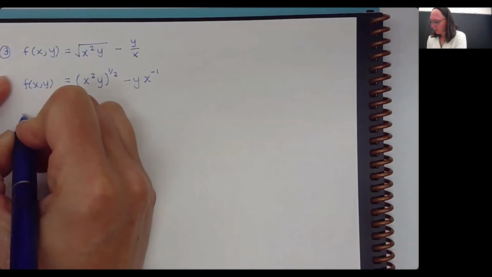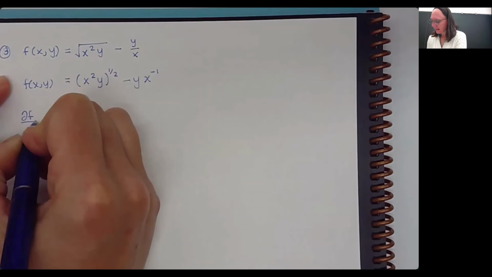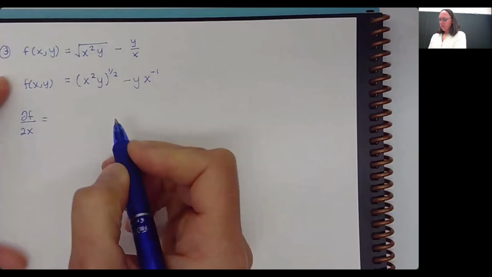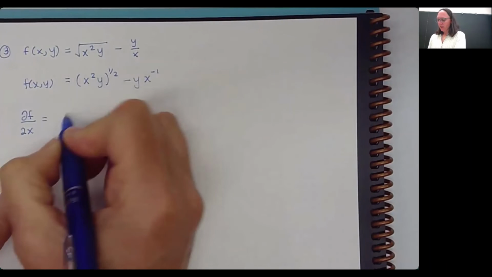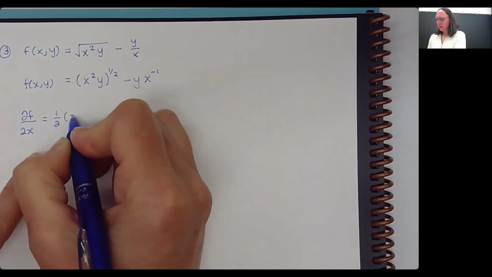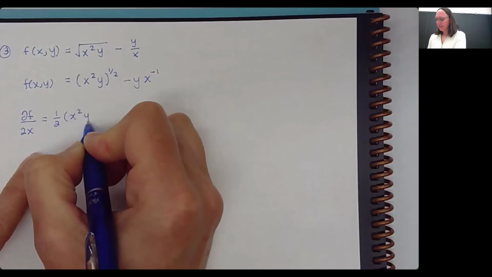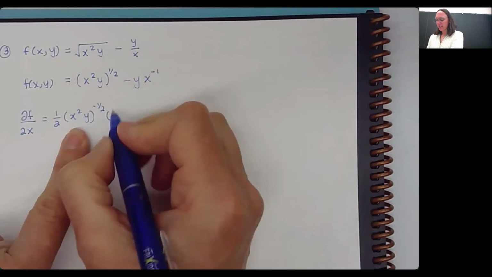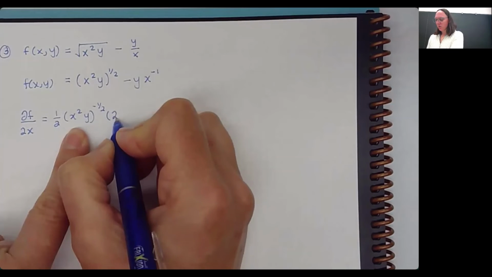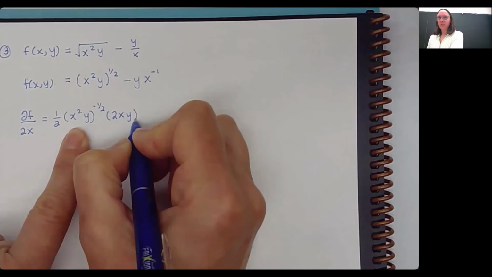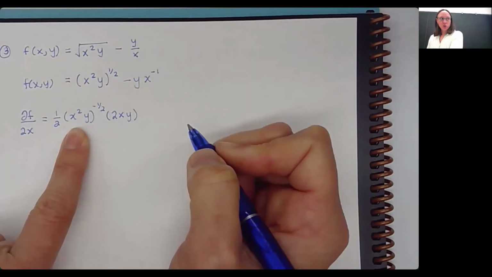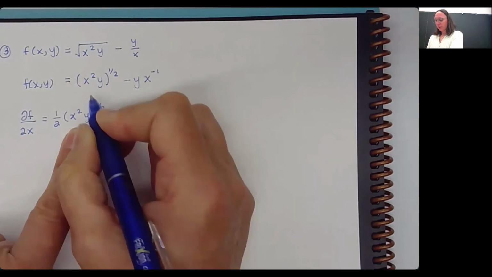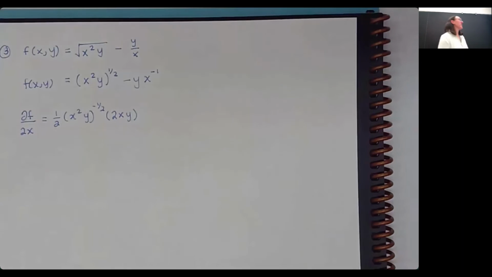then our partial with respect to x, for that first one, I'm gonna bring my 1/2 power down, x squared y to the negative 1/2, and then times the derivative of the inside, which is 2x y. Alternately, you could have rewritten that differently, because what's the square root of x squared?